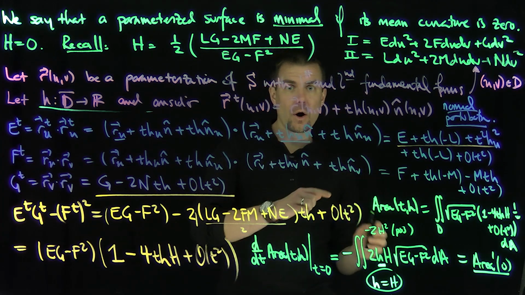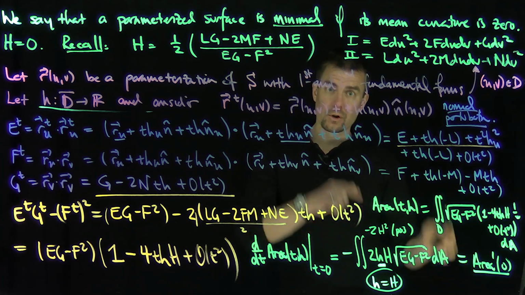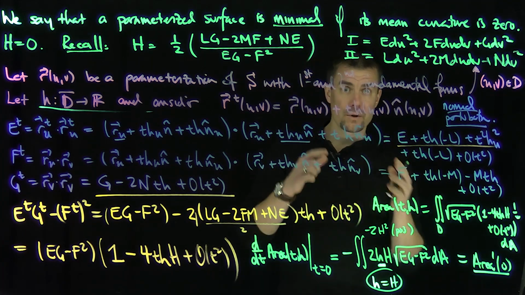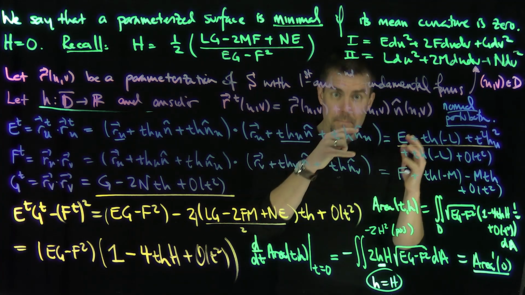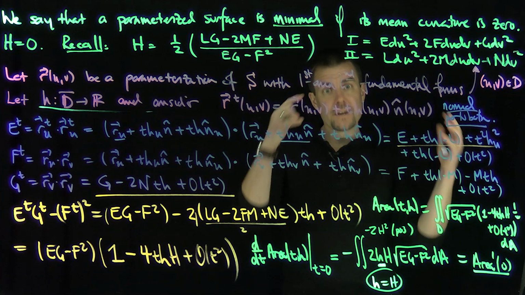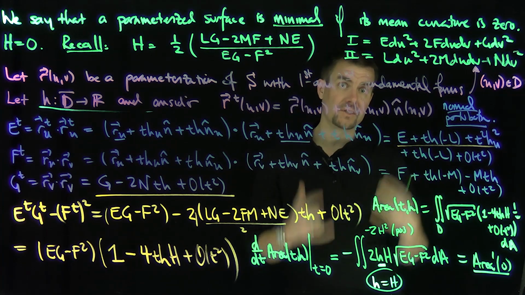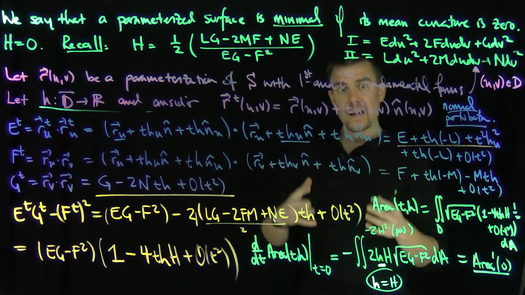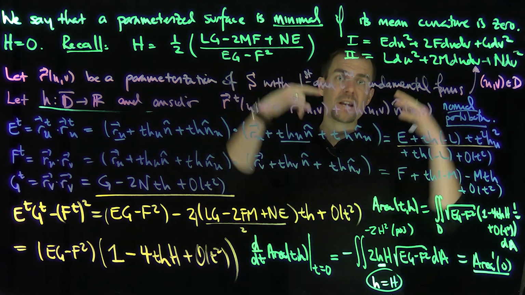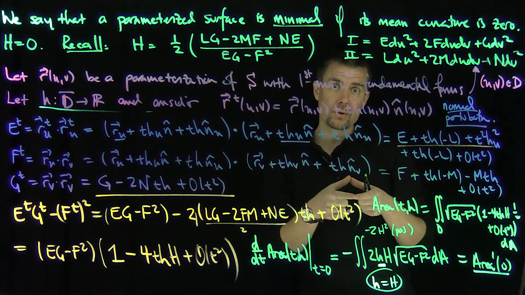So in other words, I know that you have a critical point in this area functional if and only if you have a minimal surface. In other words, if the surface area is minimized, if and only if the mean curvature is equal to 0 at that point. So in other words, this idea of having a 0 mean curvature is exactly equivalent to this idea of minimizing the surface area relative to a fixed boundary, right?